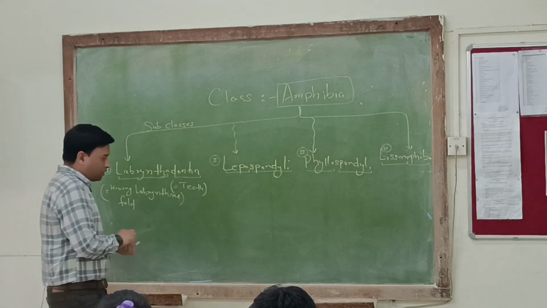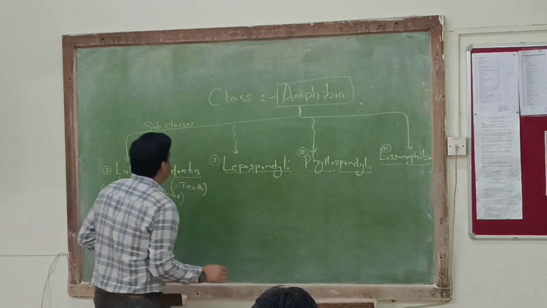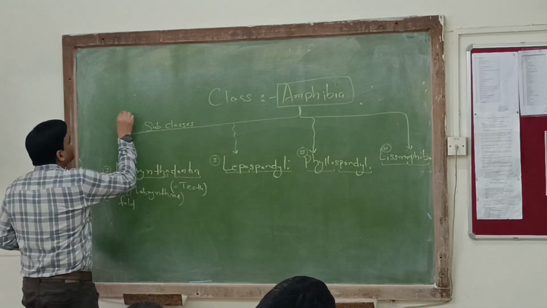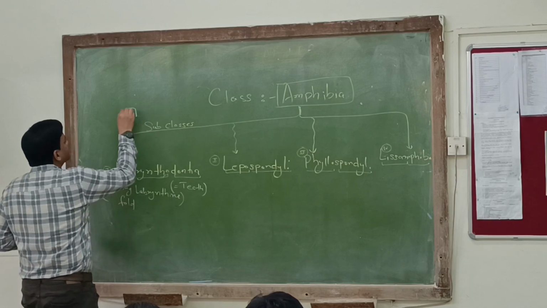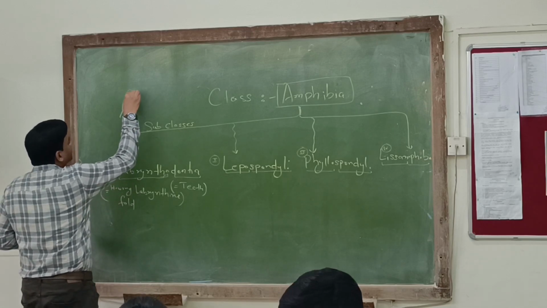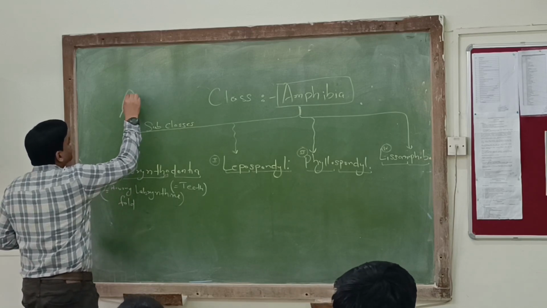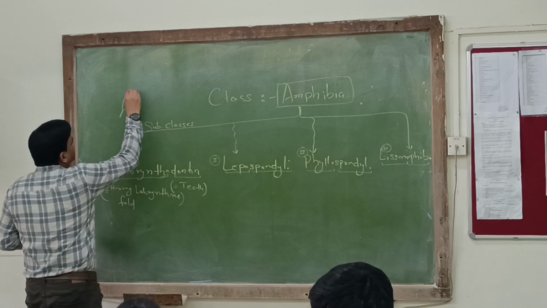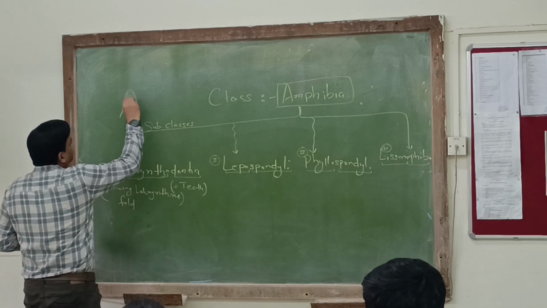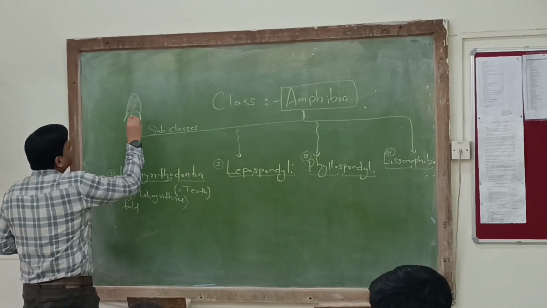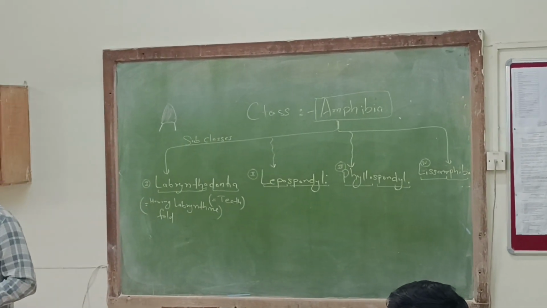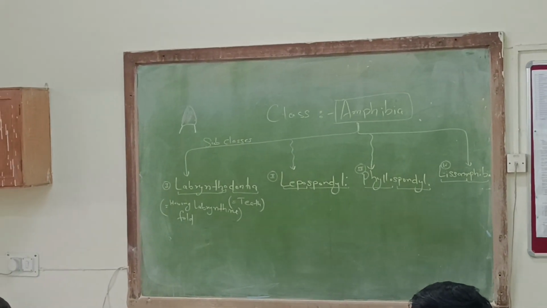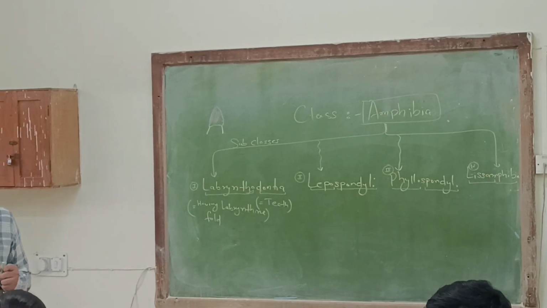You know there is something called the gum, and then there is a tooth, and outside the tooth we have an enamel. You know the enamel is the hardest covering, the hardest part of your body.